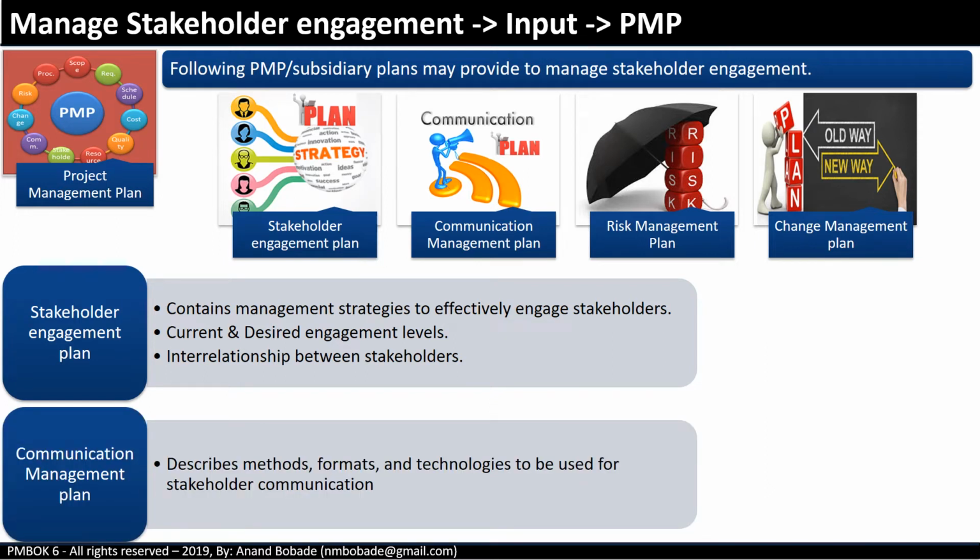The communication management plan describes methods, formats, and technologies to be used for stakeholder communication. The risk management plan describes the risk categories, risk appetite, and reporting format that can be used to manage stakeholder engagement. And finally, the change management plan describes the processes for submitting, evaluating, and implementing changes to the project.